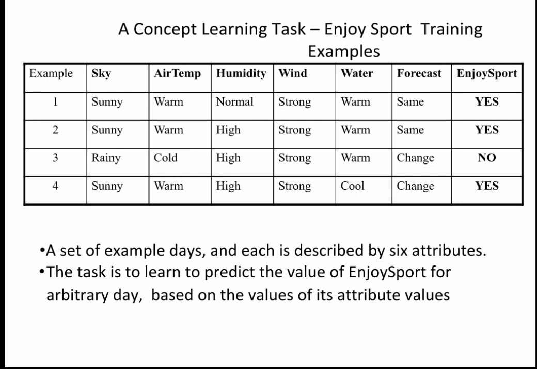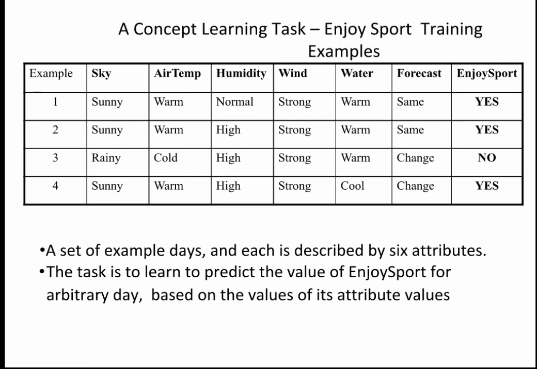I have not considered any value for air temp, wind and forecast. That means there could be any value for air temp, wind and forecast. Based upon these 3 values, and for any value of the other remaining 3 attributes, I will have a positive reply, a value of yes for enjoy sport. So this is what I have designed my hypothesis to be.